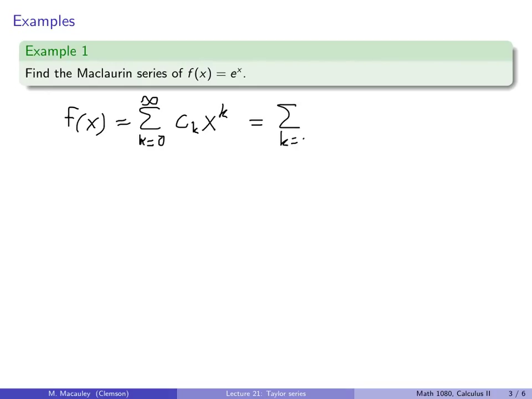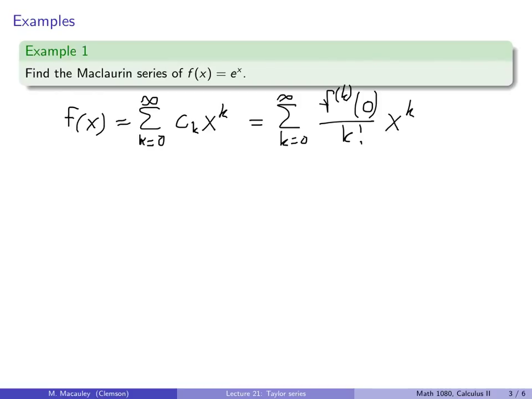So k equals 0 to infinity, c_k is the kth derivative of our function at 0 divided by k factorial, times x to the k.